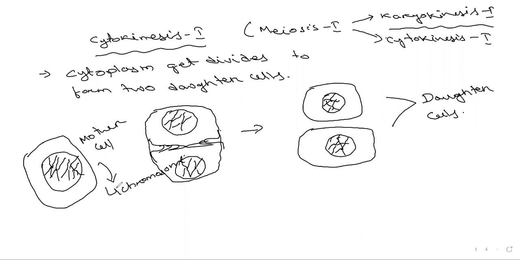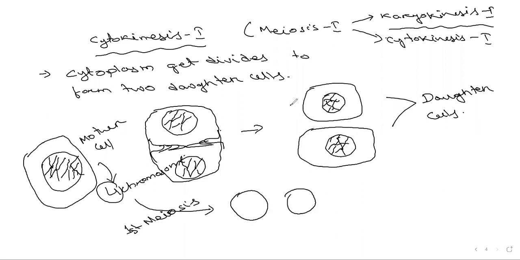But when this mother cell undergoes its first meiotic division, or meiosis 1, there is formation of 2 daughter cells, and this daughter cell has 2 chromosomes, and this daughter cell also has 2 chromosomes.